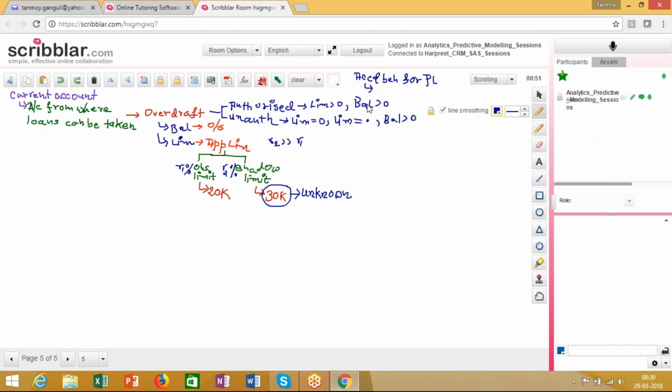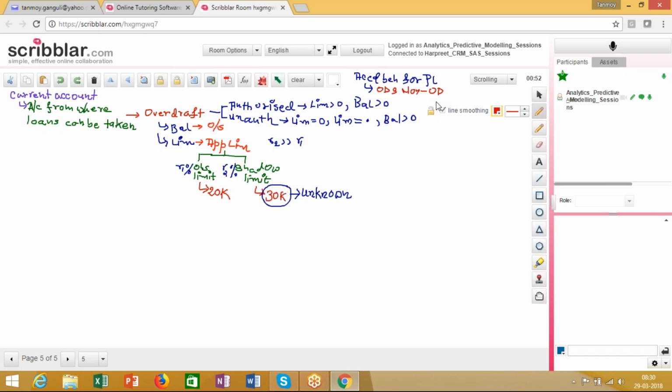So over there, the concept of overdraft and non-overdraft segments becomes very prominent. OD and non-OD segments are really very critical at this stage.